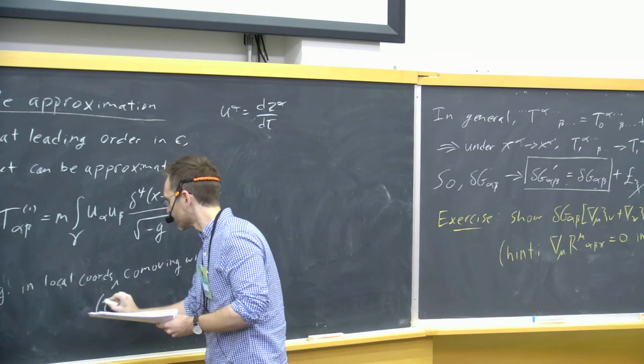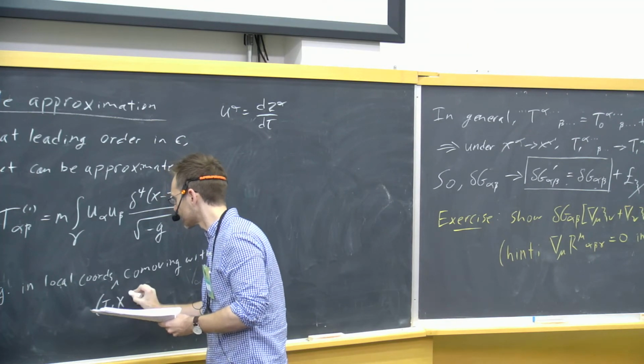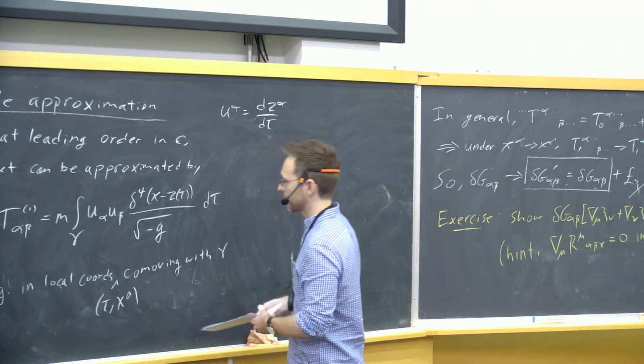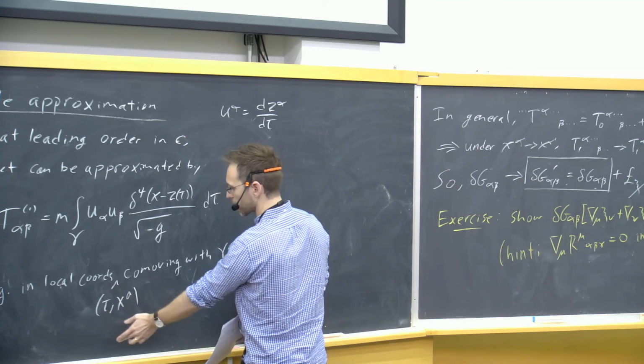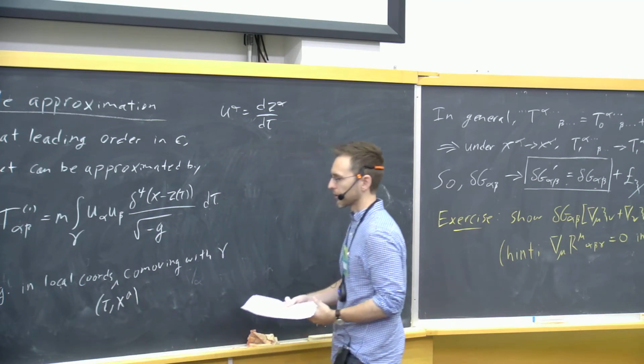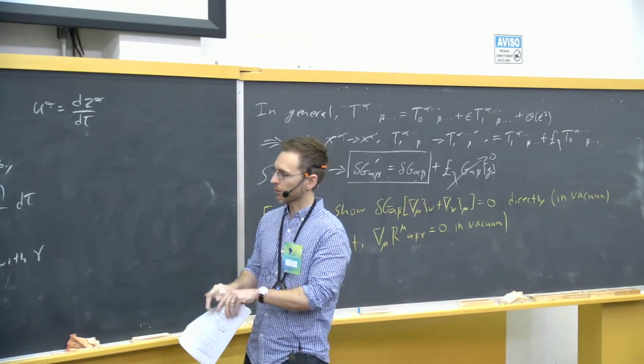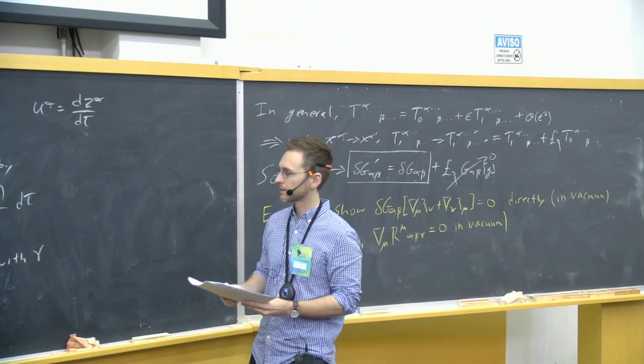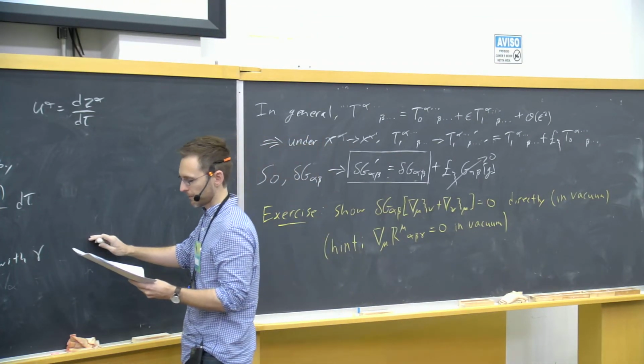So these co-moving coordinates can be tau, x A. So one of my coordinates is proper time along the world line, and the other set of three coordinates are Cartesian-like coordinates centered on the world line.